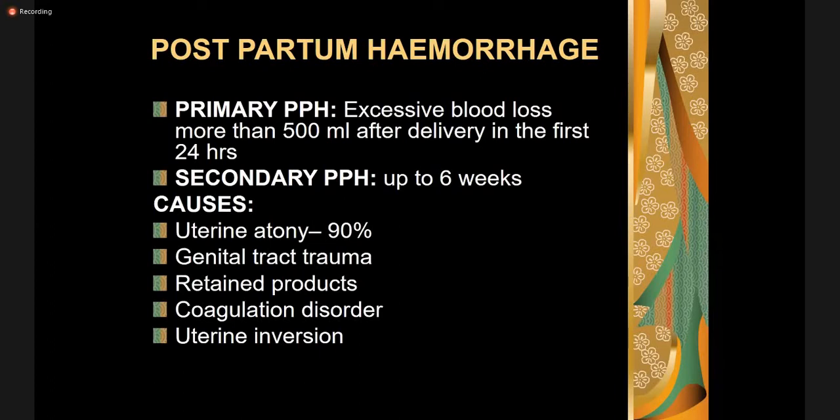This happens in cases of home deliveries, or sometimes with new doctors who are starting practice. That is rare, so once or twice a year we find women coming with uterine inversion. This is an emergency, and the patient may be collapsed in this case.